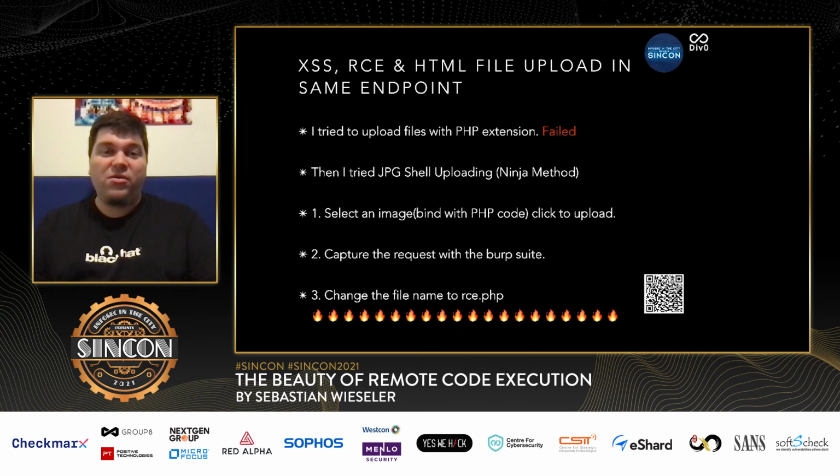We uploaded it, but it failed with the PHP extension, right? Then he tried another method: having a valid JPEG, but expanding the valid JPEG with arbitrary code, which could be the PHP info function. So he selected it, clicked upload, but then intercepted with Burp and changed the file name to rce.php.